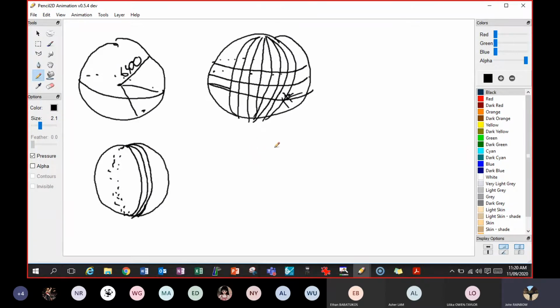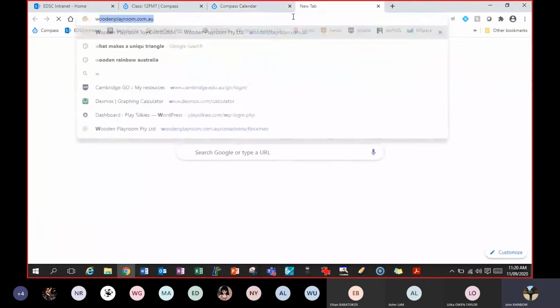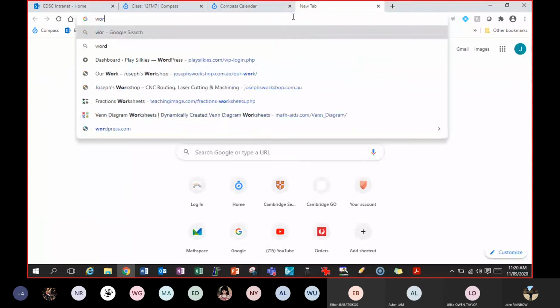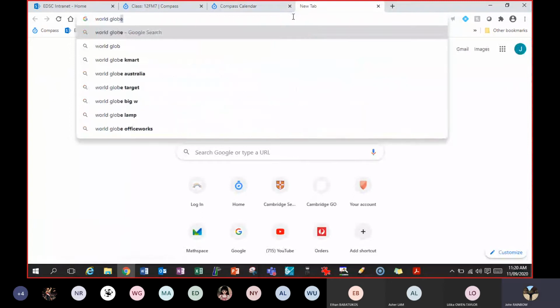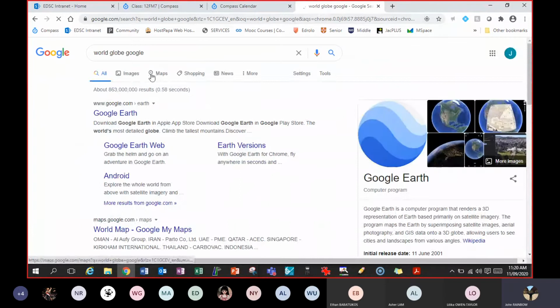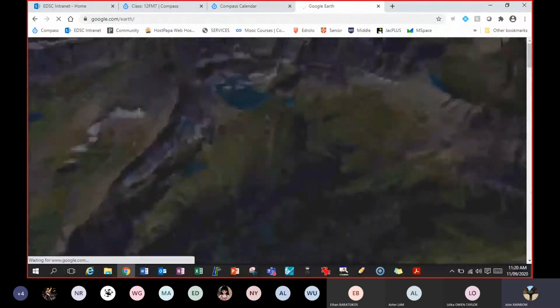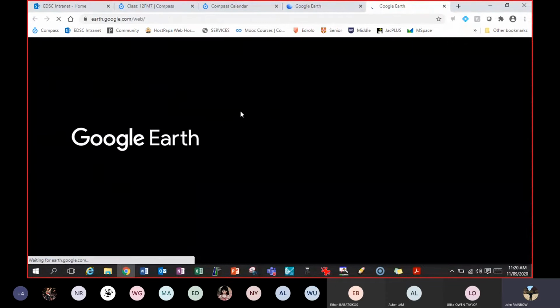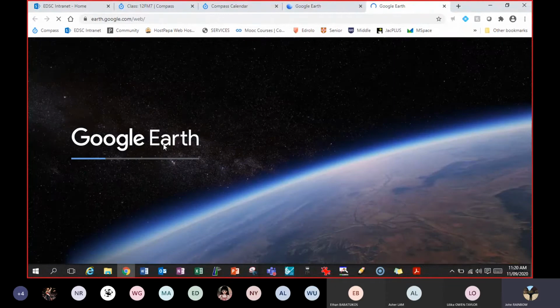So if you actually look at the world globe, and you go to Google Earth, let's have a quick look at this one, there's a place called Greenwich, and it's a pretty fascinating place.